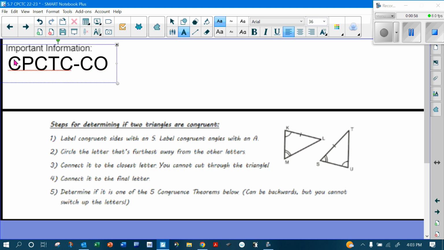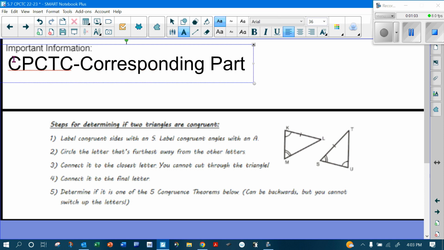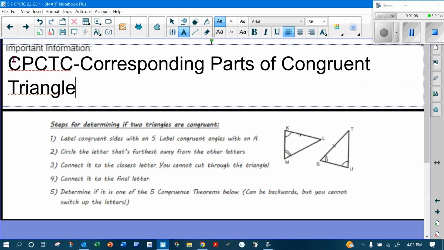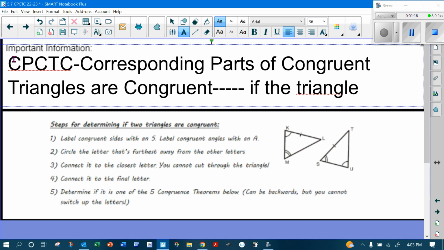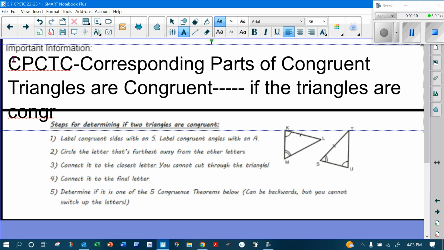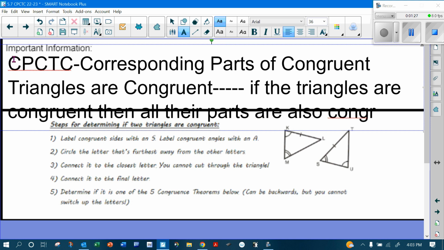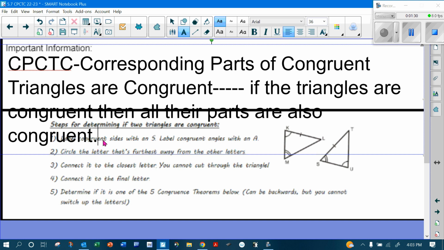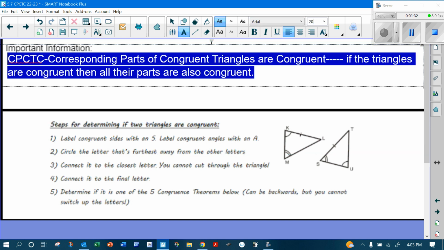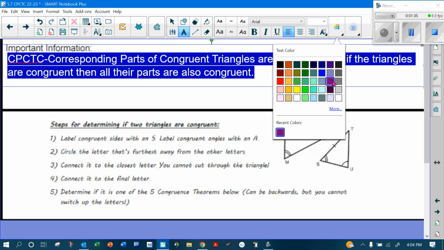CPCTC stands for corresponding parts of congruent triangles are congruent, meaning if the triangles are congruent, then all their parts are also congruent.